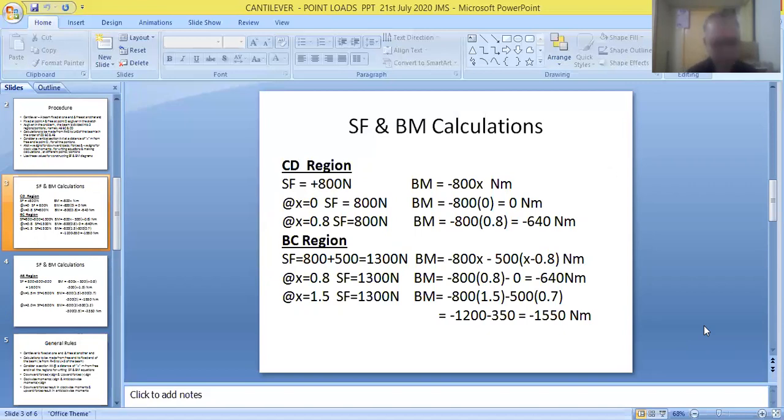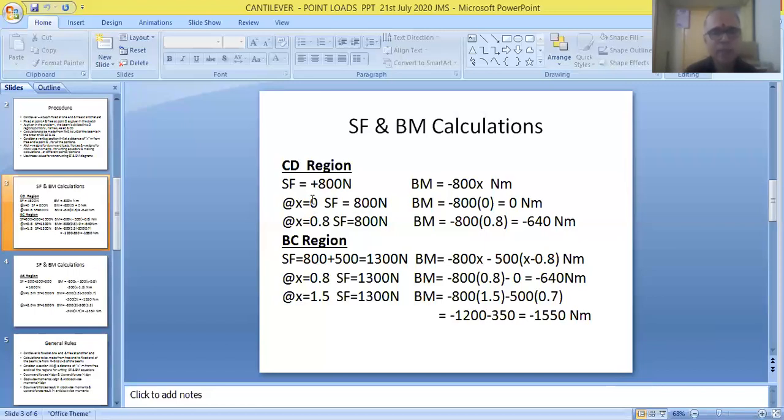So friends, in the CD region, if you take a vertical section, only one force is acting on the right hand side of the section, in downward direction. That is equivalent to 800 newtons.